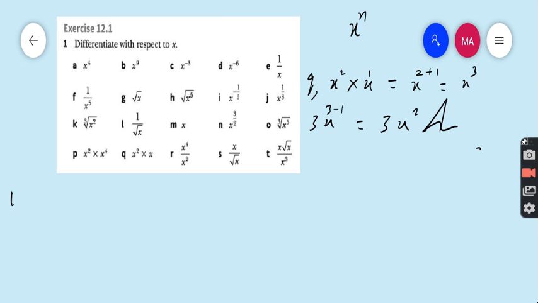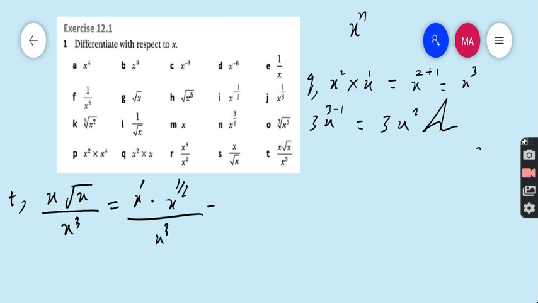Part T is x multiplied by root x upon x cube. This is x power 1 multiplied by root, means 1 upon 2, upon x power 3. So this is not the single function.